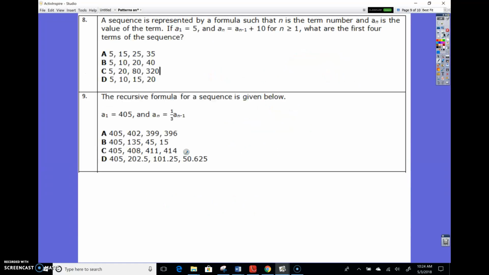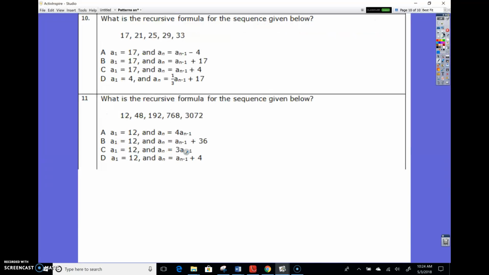Okay, why don't you try this one right here, okay? And the next one. This time they ask you for the recursive formula.